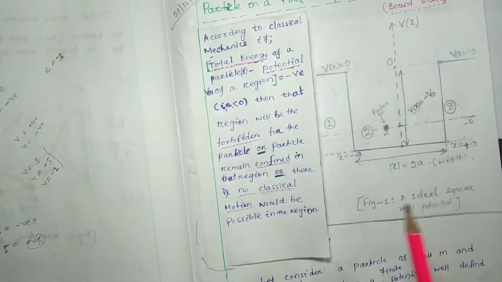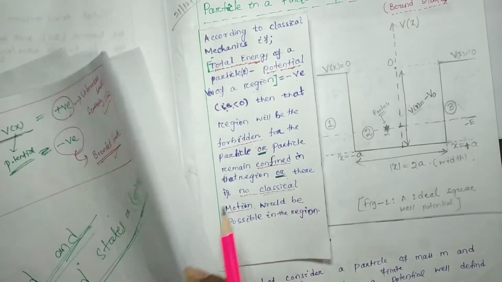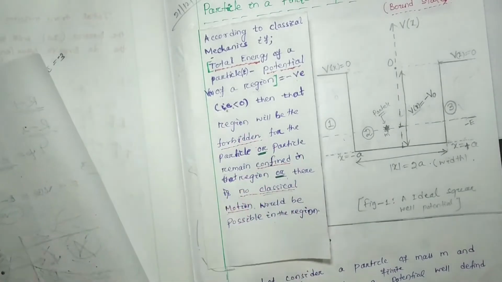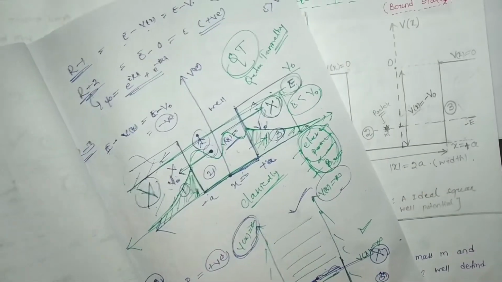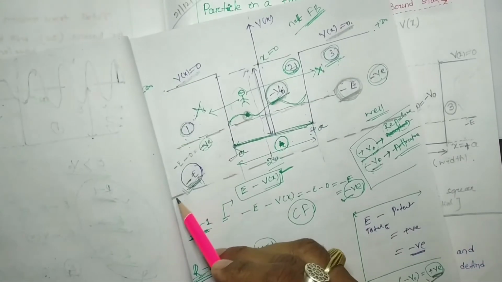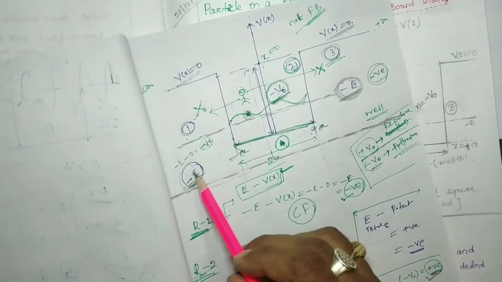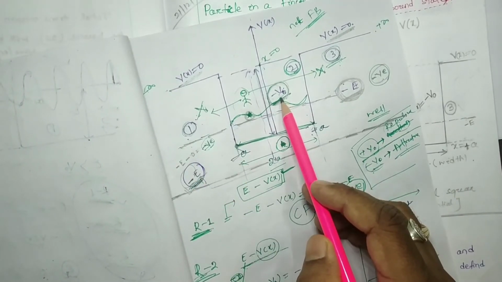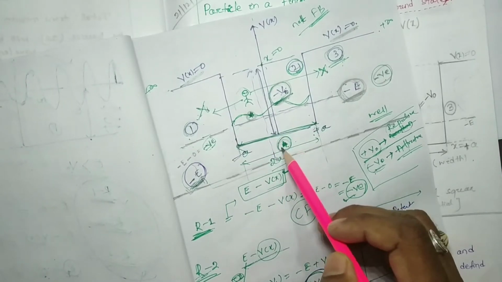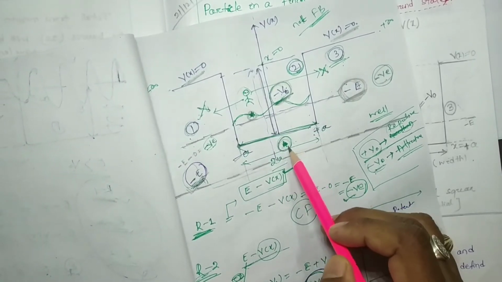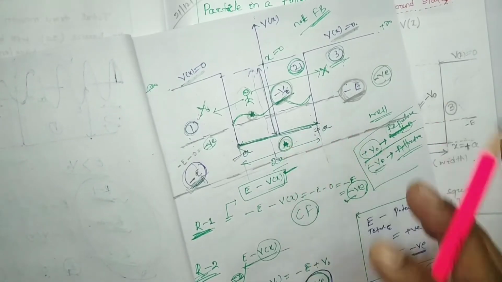What we discussed with our examples in the last video and the beginning of this video: if we consider this total energy, which is negative and also less than this, and the particle is initially here, it remains here, confined in this region. There is no motion classically. Okay.